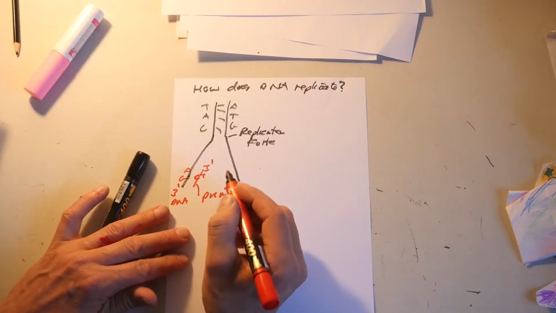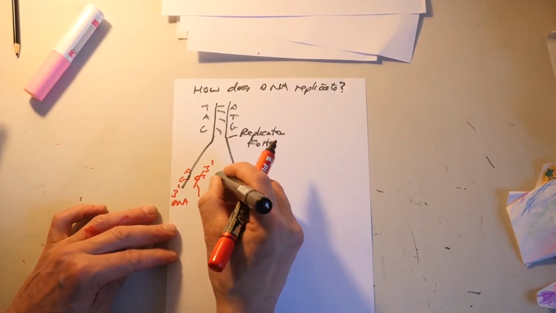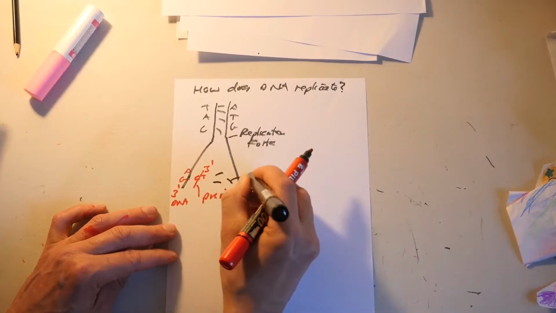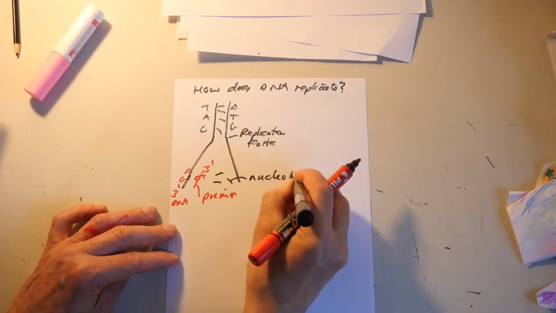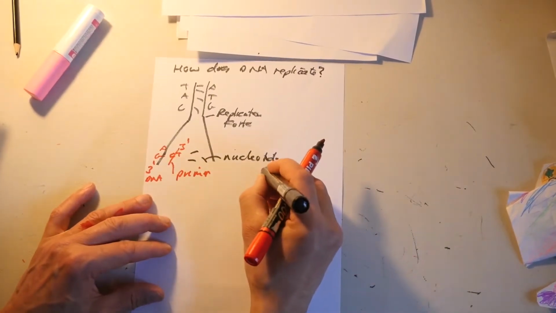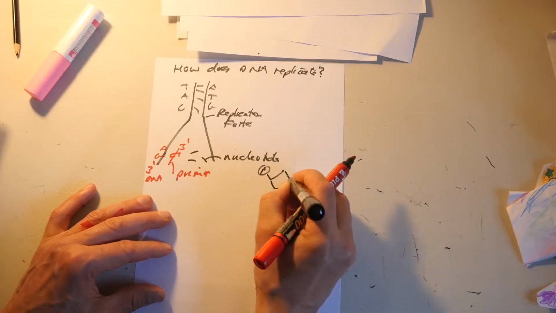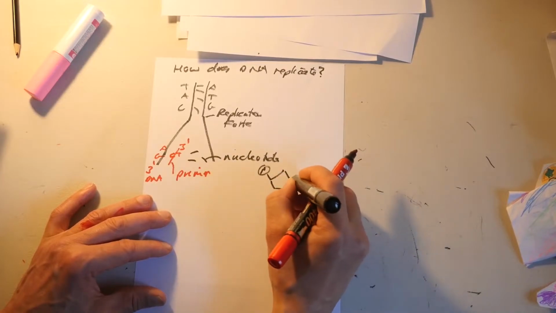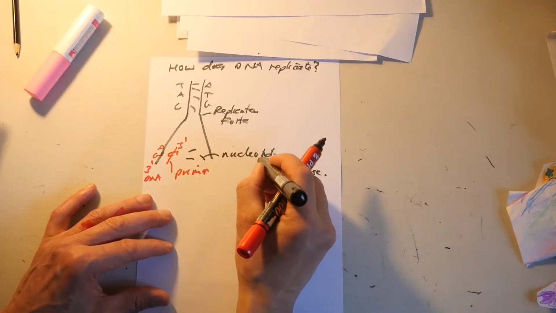You get nucleotides coming in, okay? Which is a phosphate attached to a pentose sugar and a base. That's a nucleotide, okay?